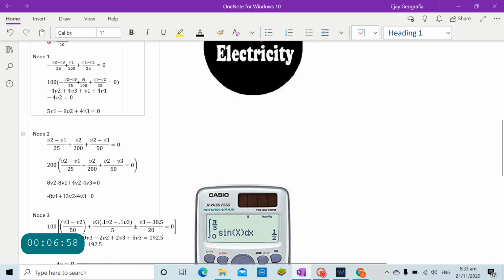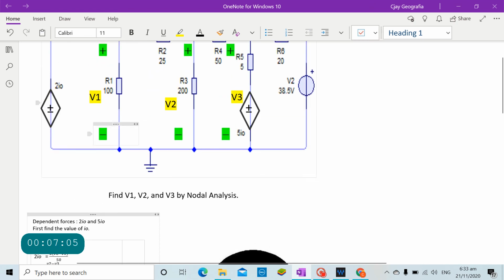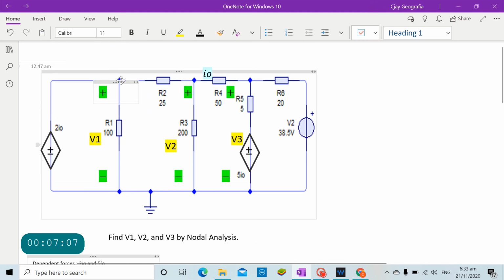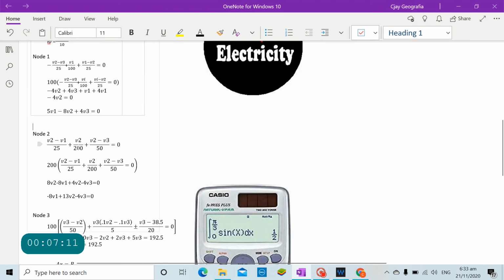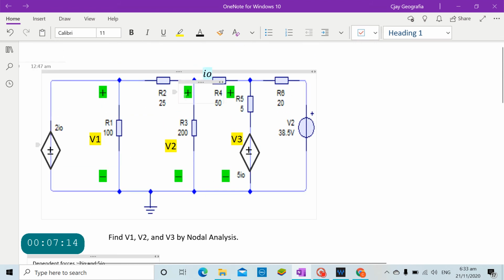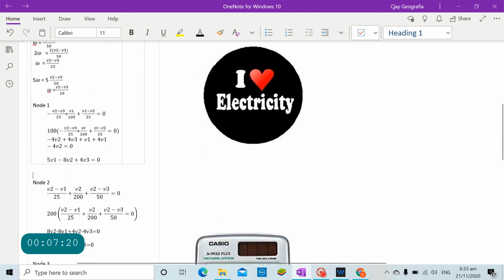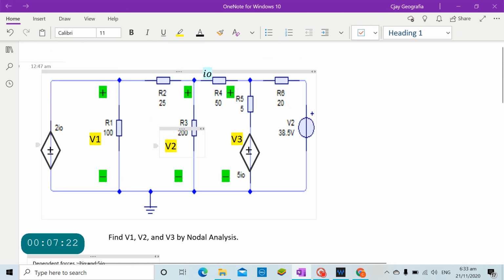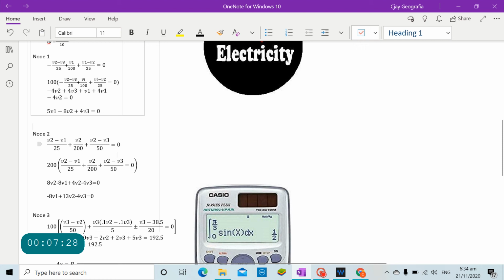So we come up here to node 2. Again, the same formula, using the KCL method. So again, V2 minus V1 over 25, plus V2, which is here, minus 0 over 200. So we just put V2 over 200, plus V2 minus V3 over 50, is equal to 0.